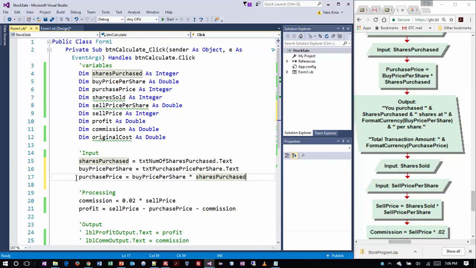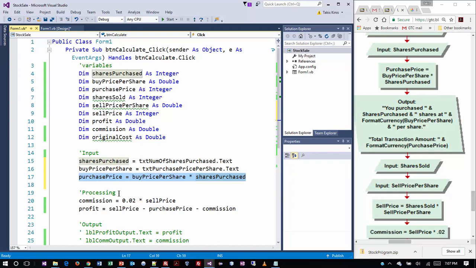Now technically this is a processing step, right? It really is. And so if we want to go with these labels here, it's probably a good idea to actually move this down to processing. But you know what? At this point, do I have to? If I want to follow those labels, I probably should.